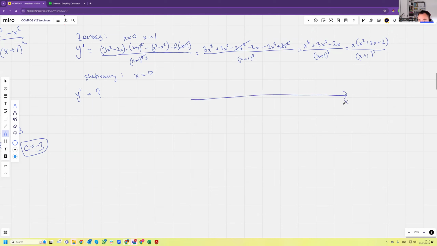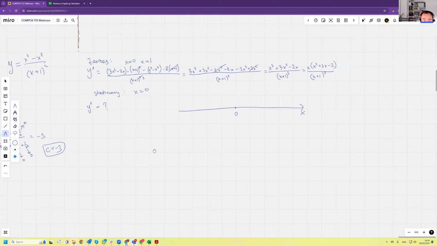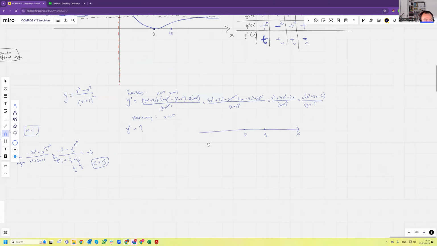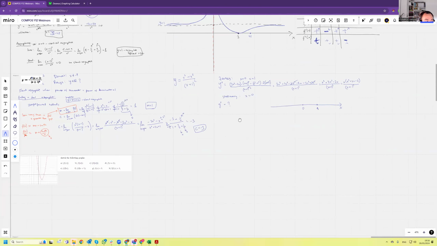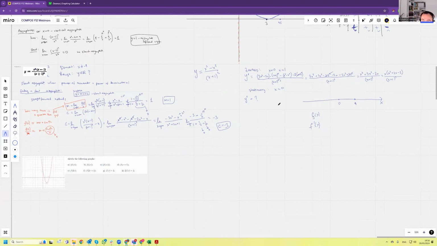Okay, so we have 0 and x equals 1. We can see that the graph is, f prime of x at 1.